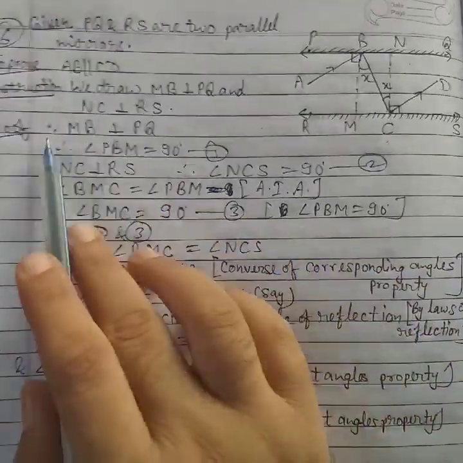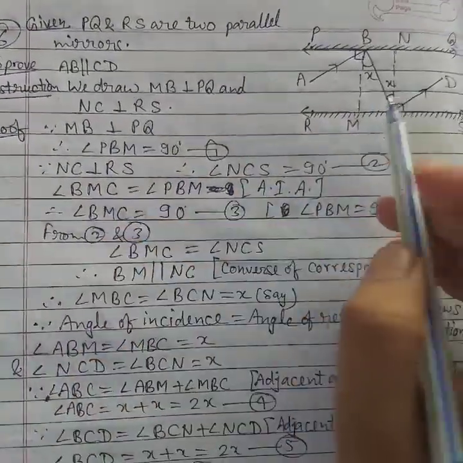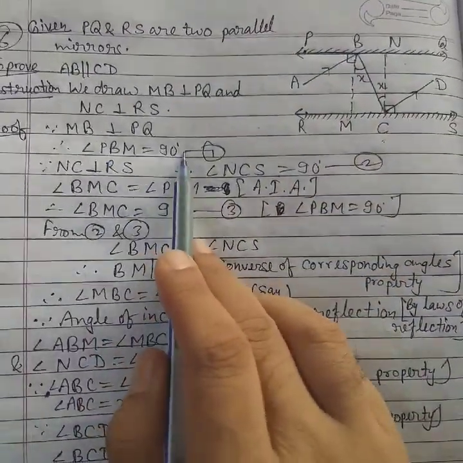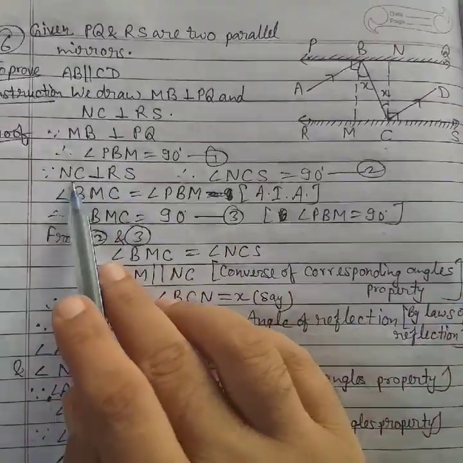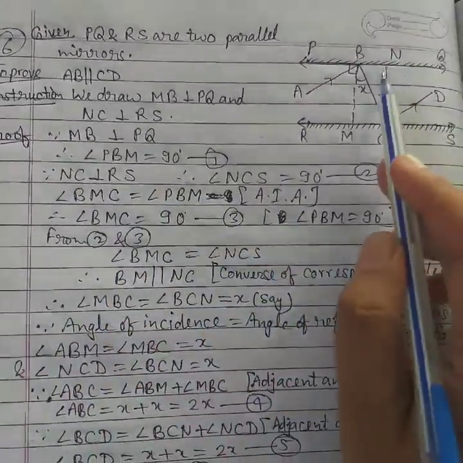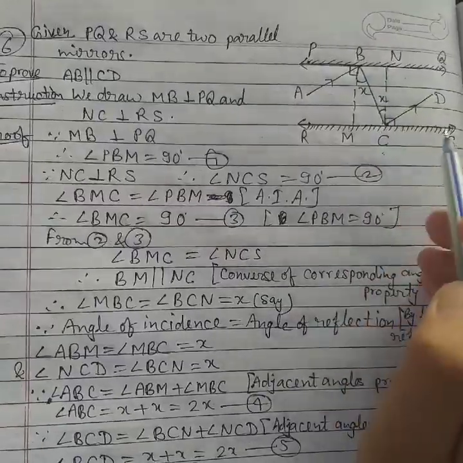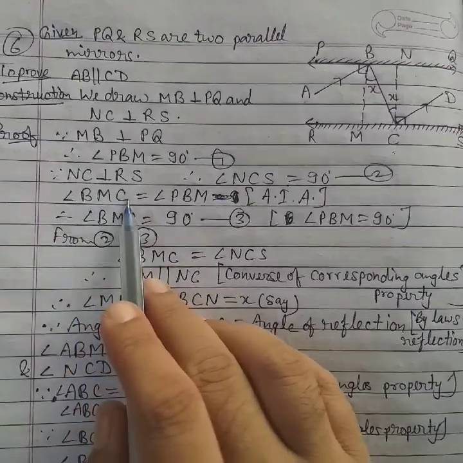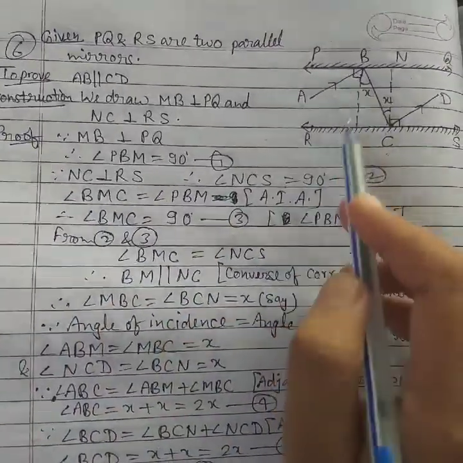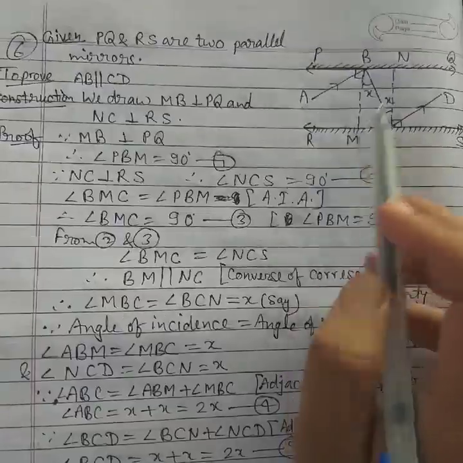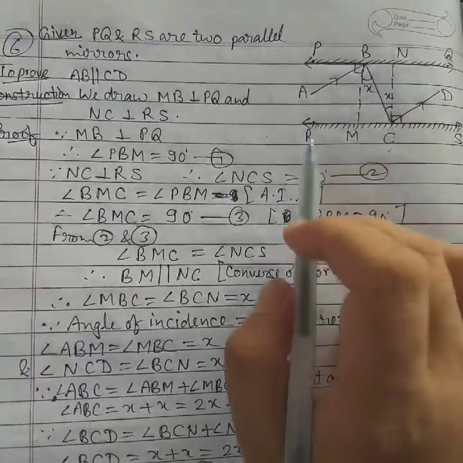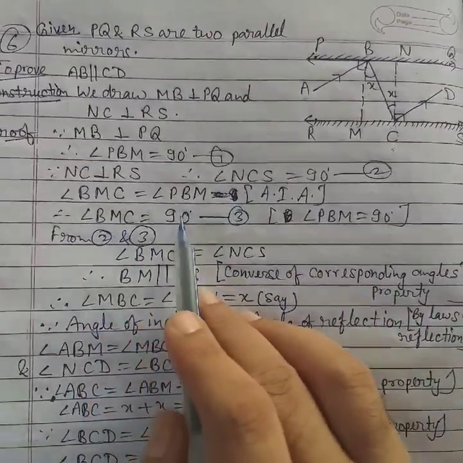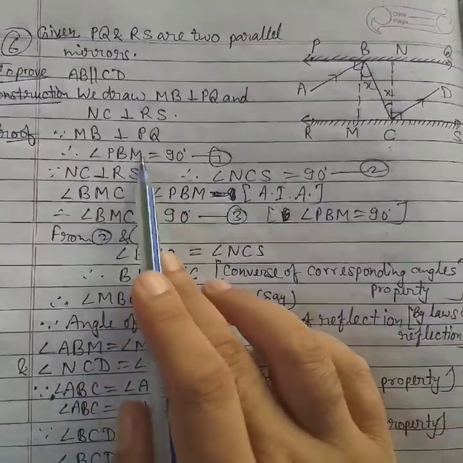Clear. Now the proof. Since MB is perpendicular to PQ, angle PBM equals 90 degrees. Equation 1. Now since NC is perpendicular to RS, angle NCS equals 90 degrees. This is equation 2. Now angle BMC equals angle PBM by alternate interior angles because PQ is parallel to RS. Clear. Therefore angle BMC equals 90 because PBM is 90, given in equation 1.